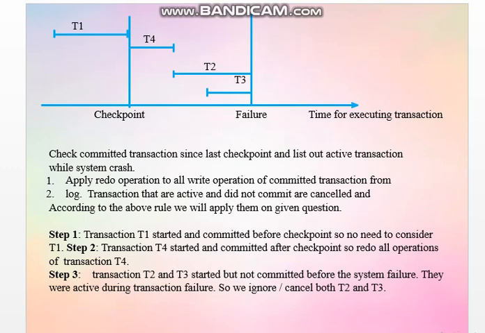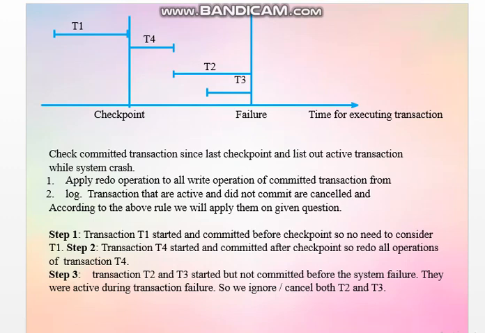So here we apply step number 1: apply redo operation to all the write operations of committed transactions from the log. We can have an entry with T1 start and T1 commit, or an entry with only a T1 start. If you find an entry with Ti start and Ti commit, for that transaction we need to redo it, because its effect is there, and we want this effect to be permanently stored on the secondary device.